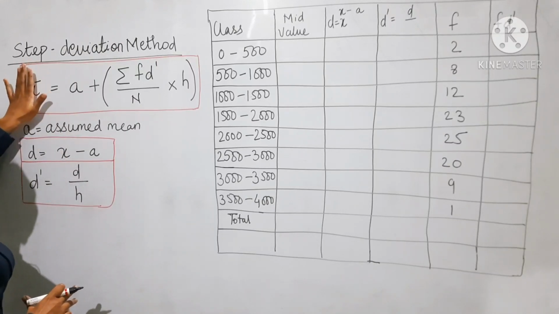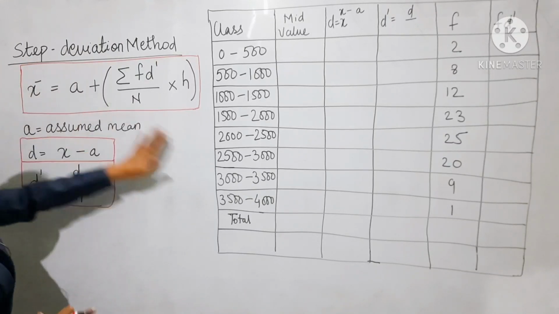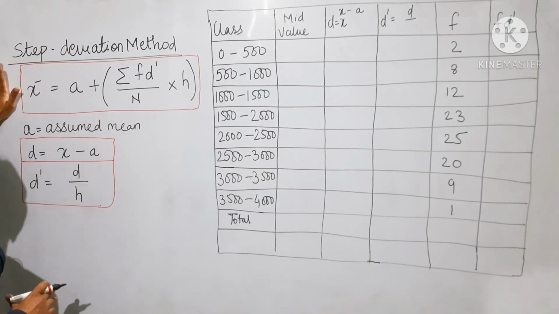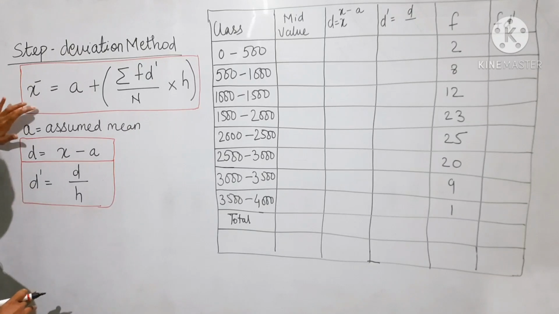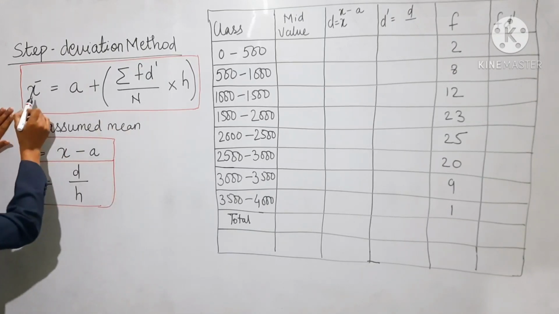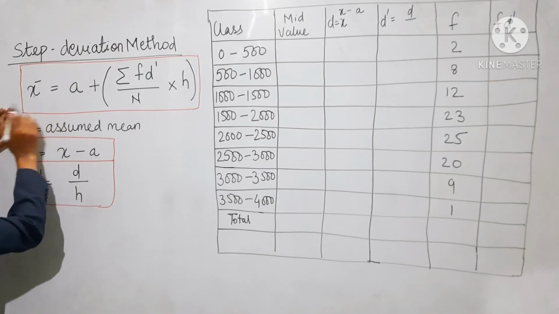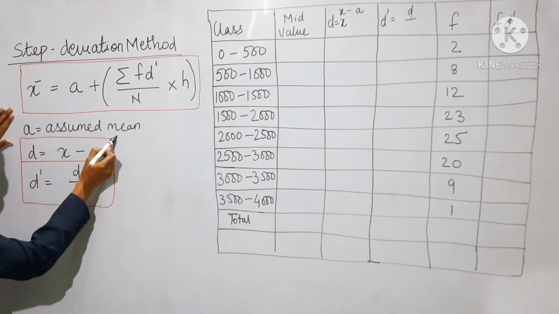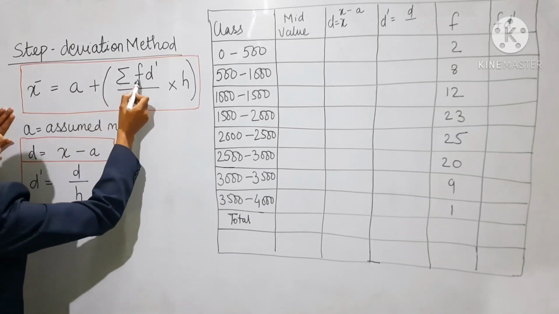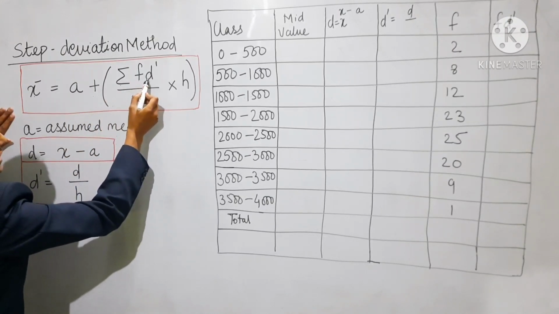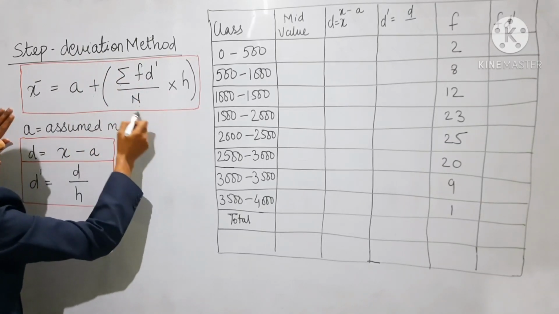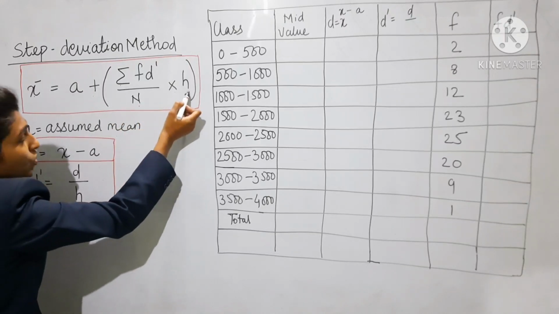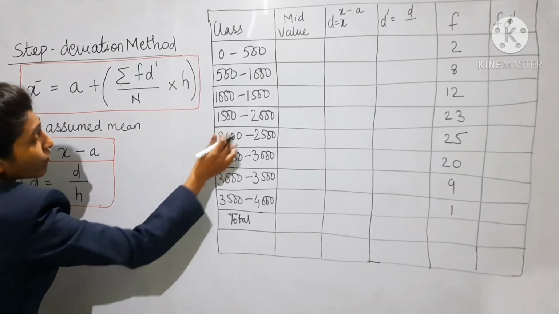The formula is given on the board: X bar, the arithmetic mean, is equal to A, the assumed mean, plus the summation of F, frequency, D dash, step deviation, divided by N, the number of observations or total frequency, into H. H is the height or width of the class.